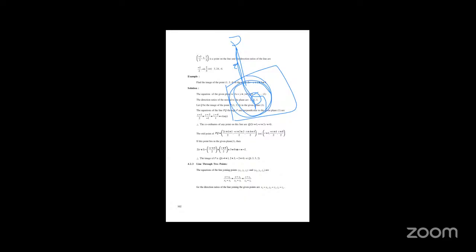So if it lies on the plane, we have to substitute there. In place of x, we substitute 2r plus 1, in place of y, minus r plus 3, and next, r plus 4. So we substitute in that plane equation, and then we get r equal to minus 2.